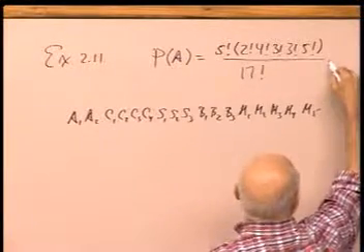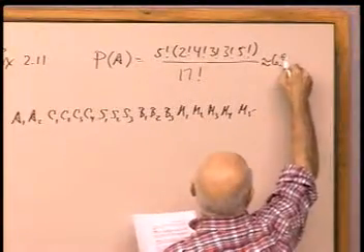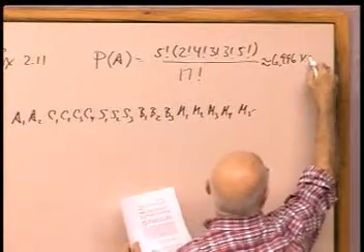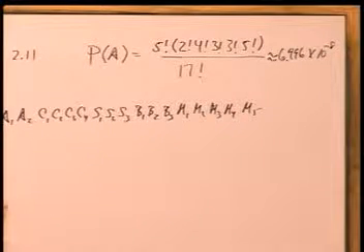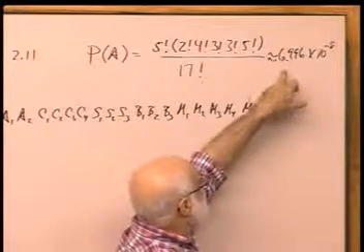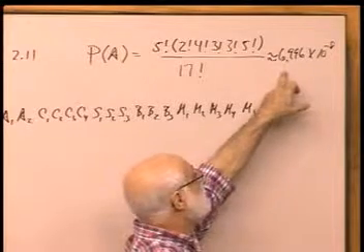Okay, according to the book, yes, the answer is approximately 6.996, which is about 7 times 10 to the minus 8, which I think is, for most people, a surprisingly small number. In other words, about 7 times out of 100 million.